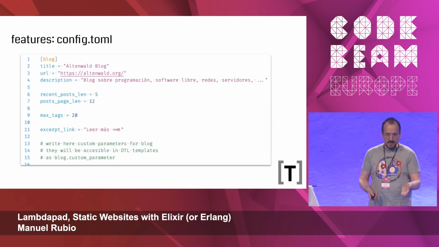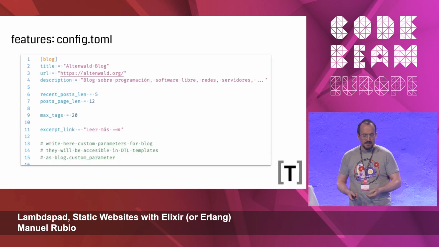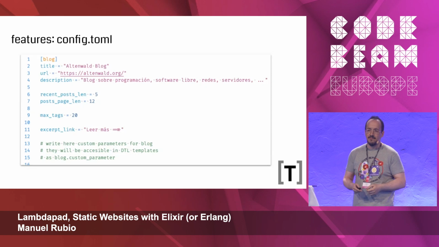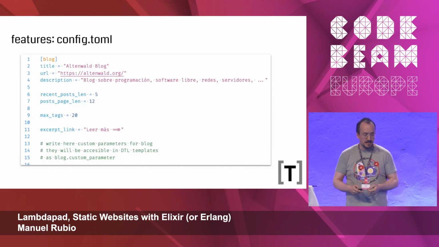You can get the key, equal, and the value. So that has not a lot of controversy. The only mandatory data that we have to include in the config.toml is the URL. The rest is only put there to make generating things easier.